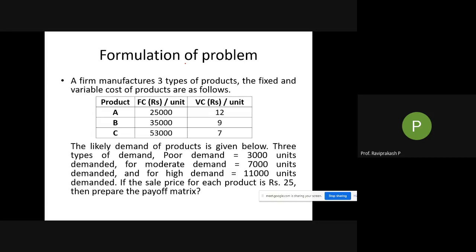The fixed and variable cost of products are as follows. Take down this particular table. Product A, B, C, fixed cost in rupees and variable cost in rupees per unit. Fixed cost for A is 25,000, for B is 35,000, for C is 53,000. Variable cost for A is 12, for B is 9, and for C is 7 per unit.